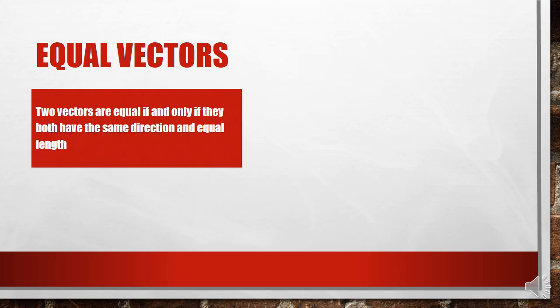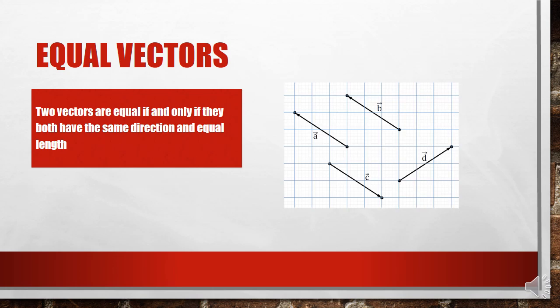Okay, equal vectors. Two vectors are said to be equal if and only if they both have the same direction and equal length. For example, like this one. All of these vectors have equal length but different directions. The ones that have the same direction are only A and B. So A and B are said to be equal.